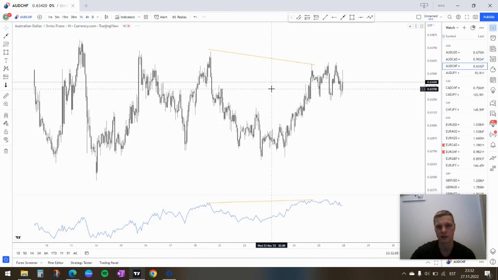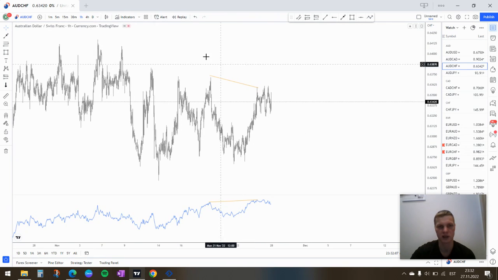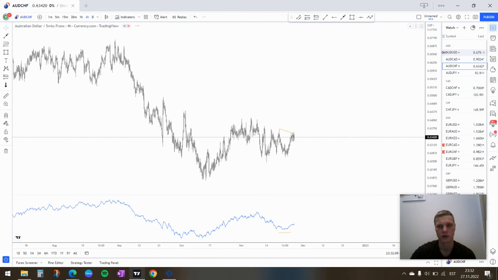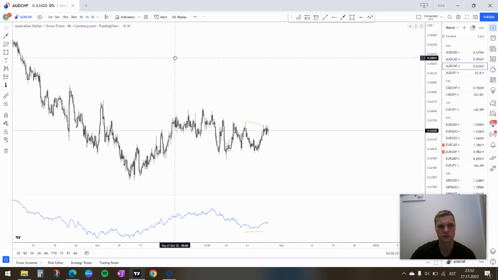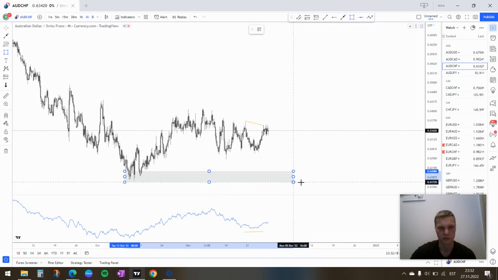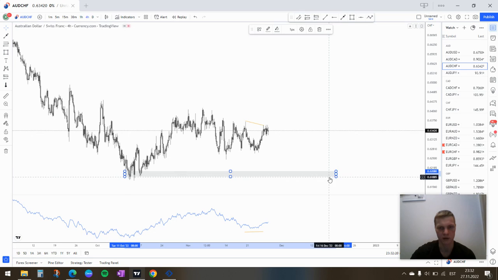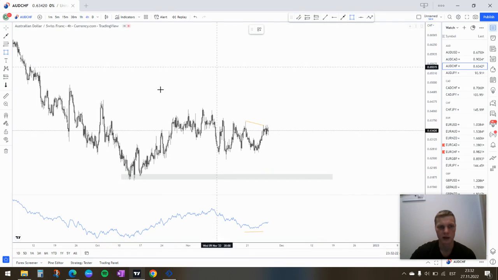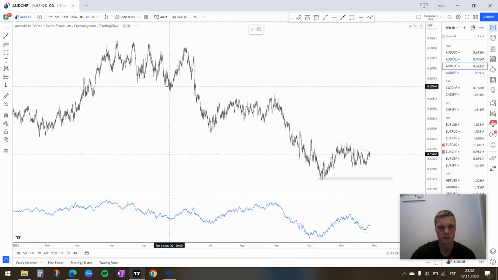AUD CHF is ranging a lot, so I don't have a clear zone I'm looking at. I don't know. Price. Gotta stop saying I don't know. It's all about your language.